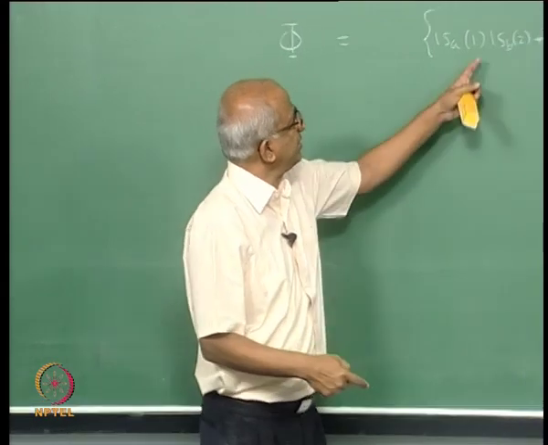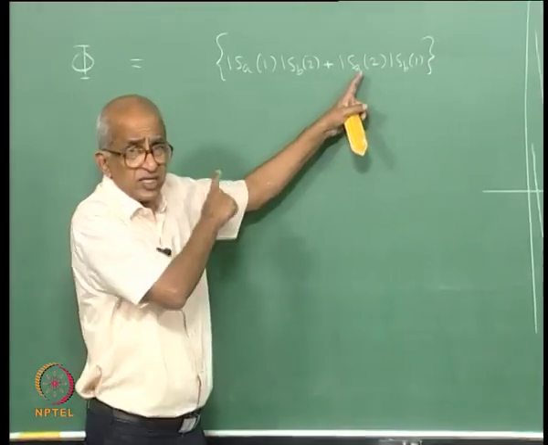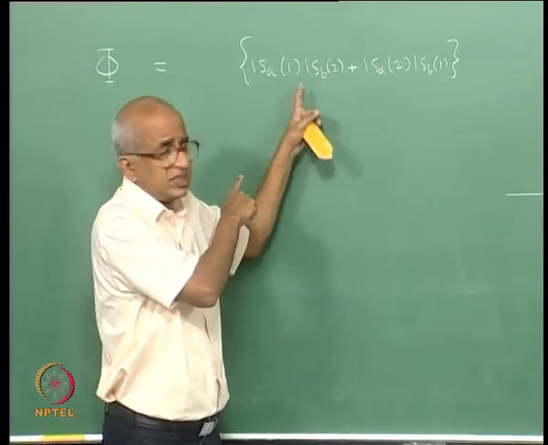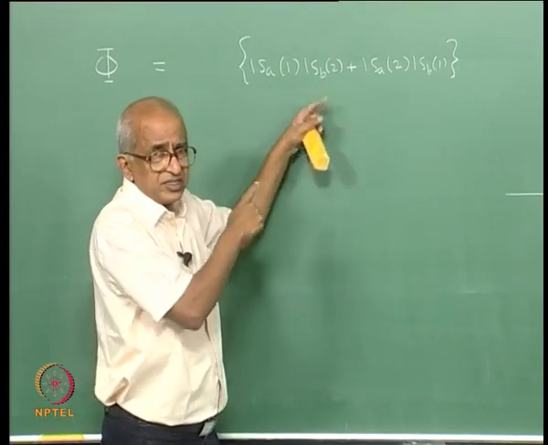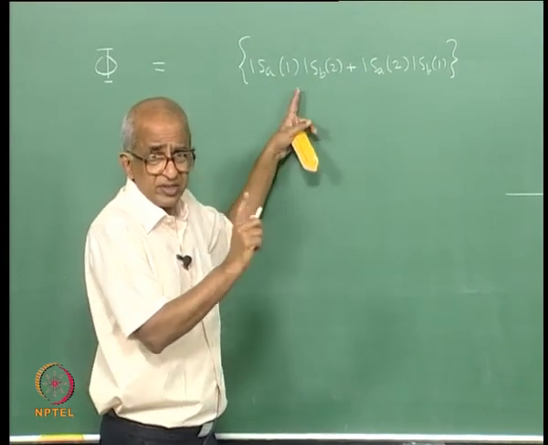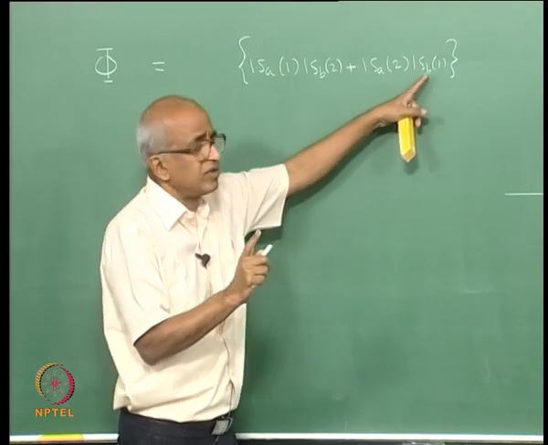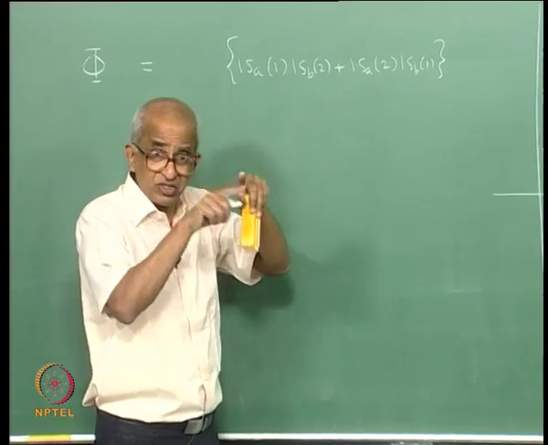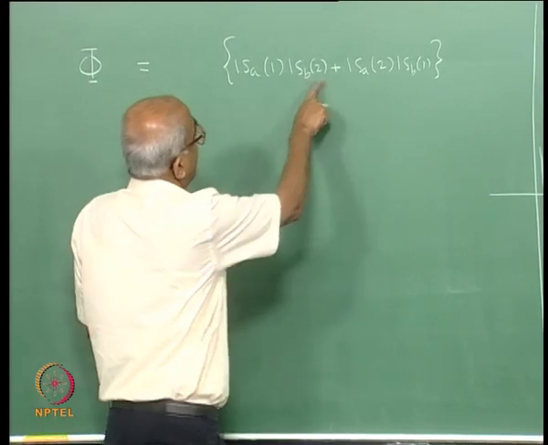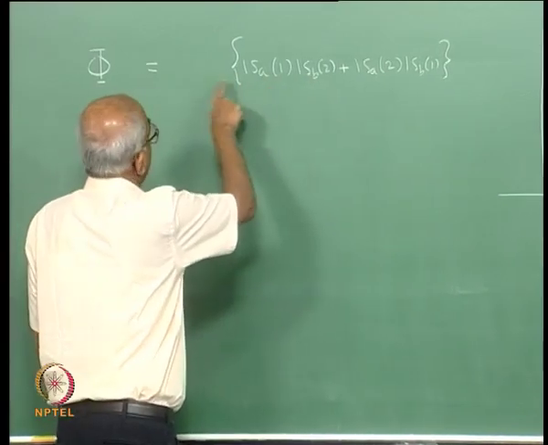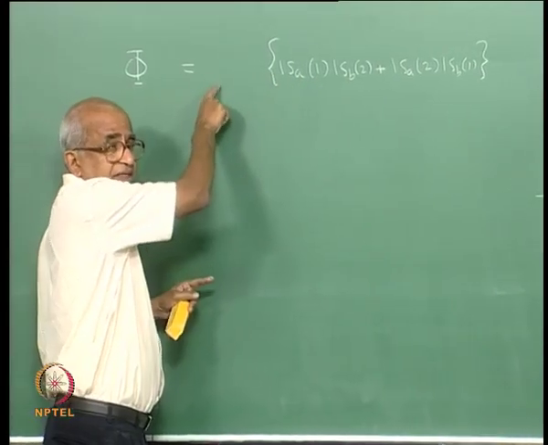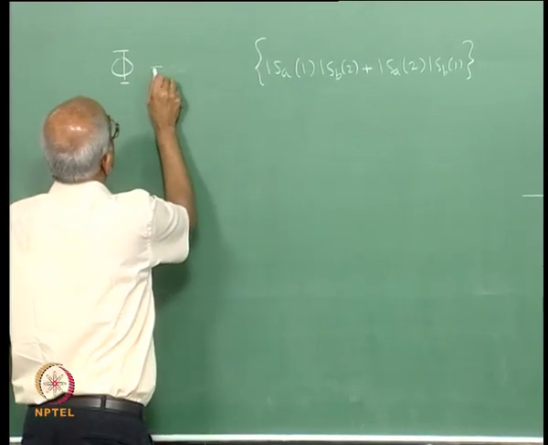In a similar fashion, I take the first function, but these are not molecular orbitals, remember that, because these are actually wave functions for two electrons, not one electron. This is a wave function for two electrons, this is a wave function for two electrons, and I am adding these two functions. So, I add the two up. Naturally, I will have to have a normalizing factor here. It is possible to determine the normalizing factor.